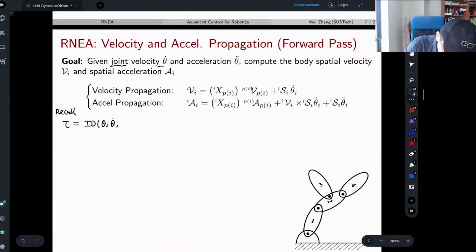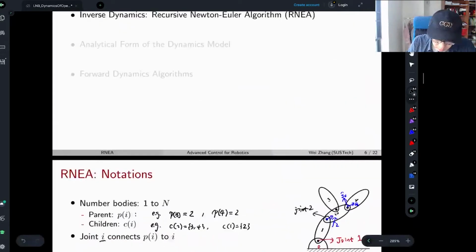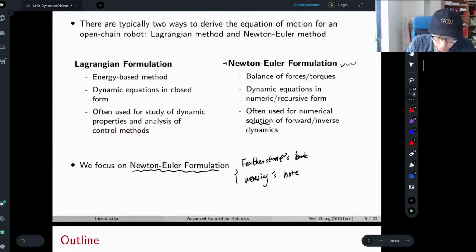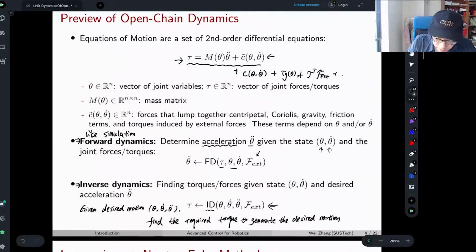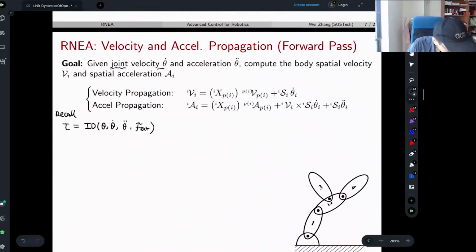Of course, given the acceleration, you want to find the desired torque. So far we don't know anything. If you know this equation, of course you can plug in and find the torque, but we are trying to derive this equation, and especially how these terms, the M matrix and the Coriolis term, relate to the robot properties. That's what we are looking for.